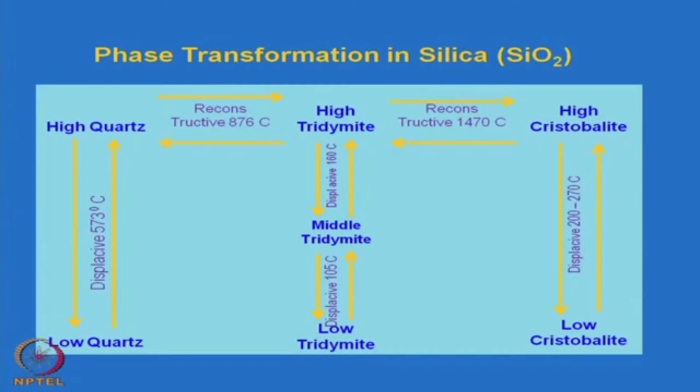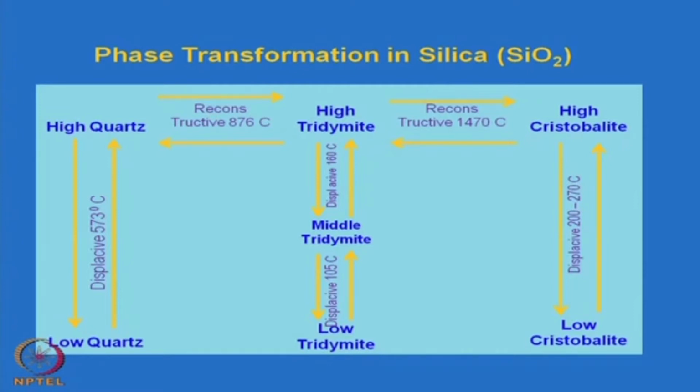These are the characteristics of a displacive transformation, whereas the so called nucleation and growth type of phenomenon is referred to here as a reconstructive transformation. That is a kind of terminology.